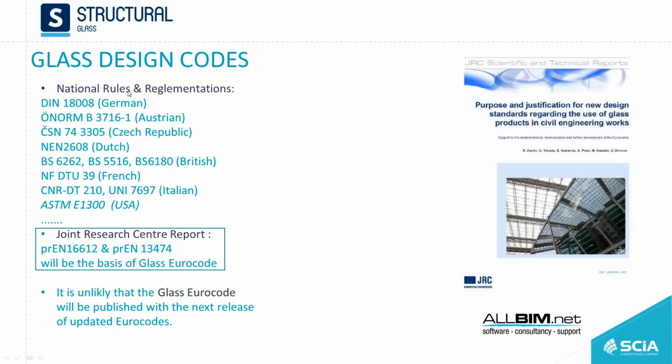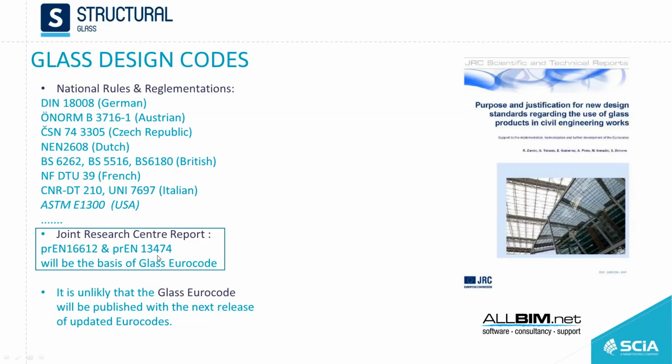As in Germany, there's an Austrian code, and codes in Czech Republic, Dutch, British, French, and the Joint Research Center, with these publications, wants to create a single code, just like Eurocode, and it already released some pre-European norms, which is this pre-Euro norm 16,612 and this one. They are mostly similar.